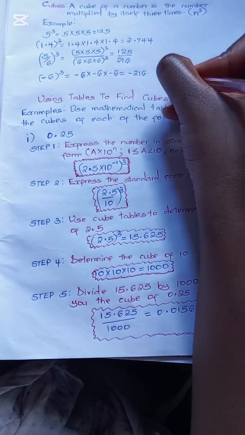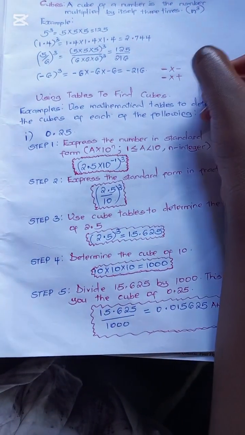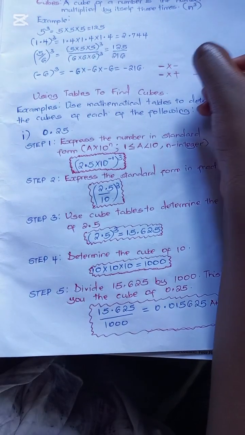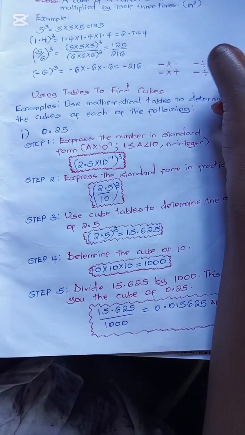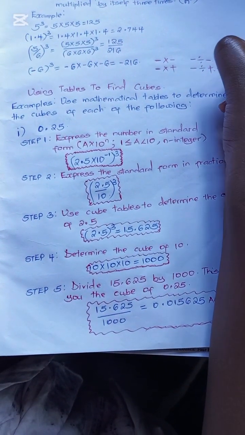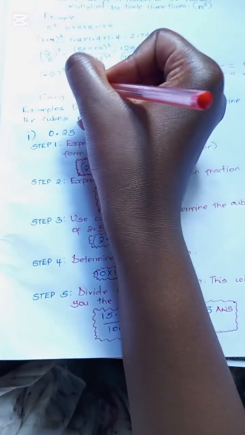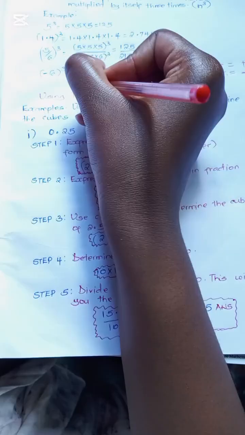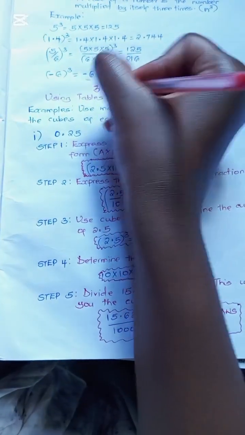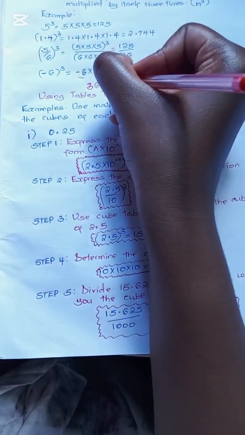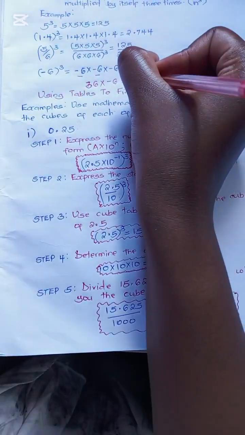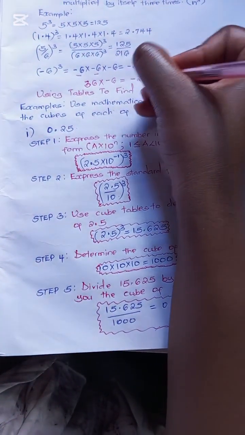If you take a negative multiplied by a positive, or a negative divided by a positive, we are getting a negative. So negative 6 times negative 6 is 36. And that multiplied by negative 6 will give us negative 216.